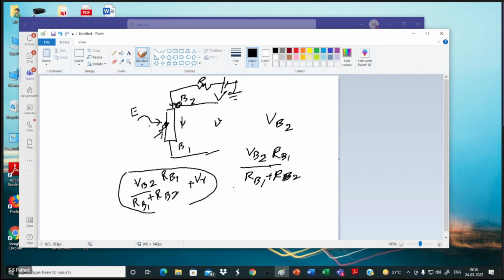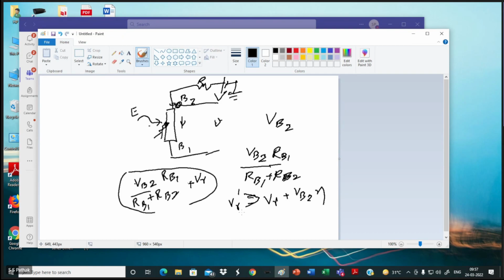So V gamma dash will be this voltage plus this thing, plus VB2 into eta. If this plus this is exceeding this, only then it will be firing.